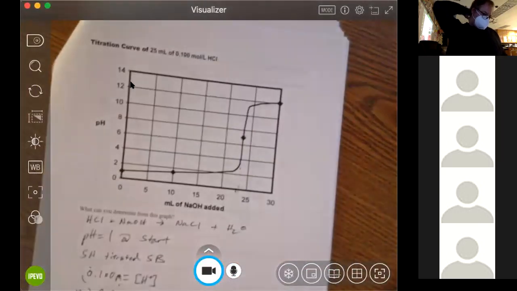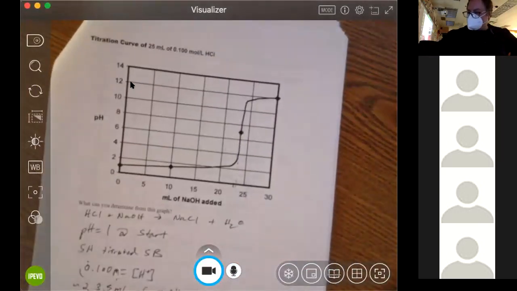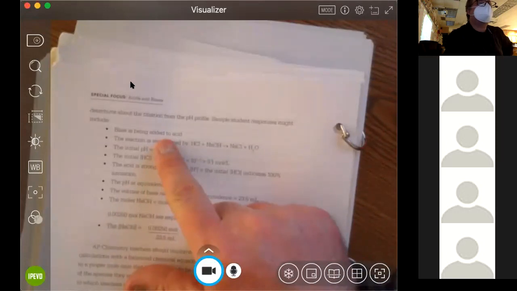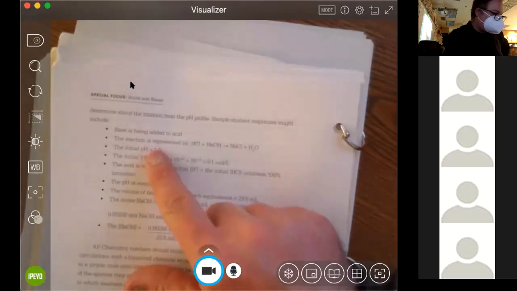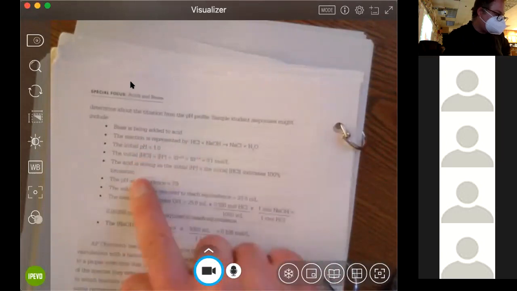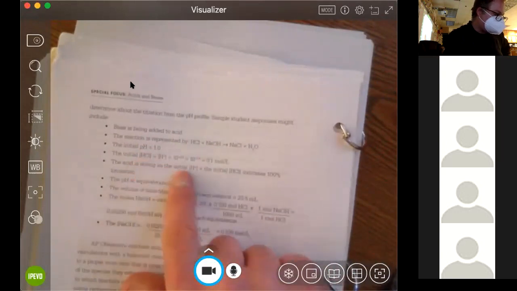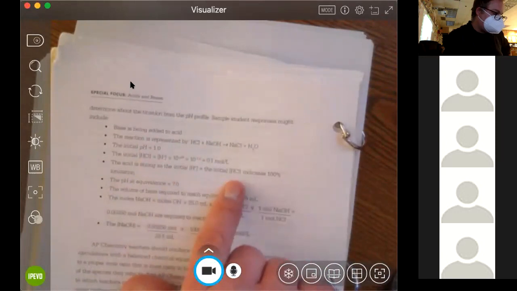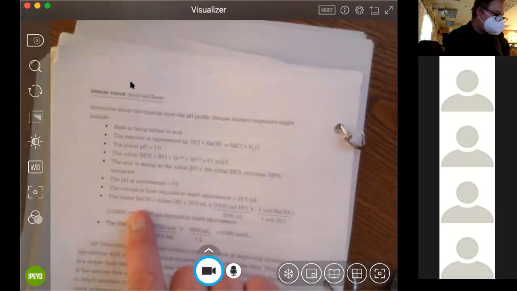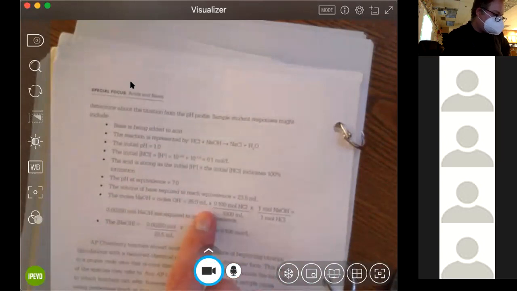But that's about it for the strong acid, strong base titration curve. Let me see if there's anything else on here that we missed. The base is being added to acid. The reaction is represented by this. The acid is strong, we know this, 100% ionization. pH at equivalence is 7. Volume of the base, we got that.